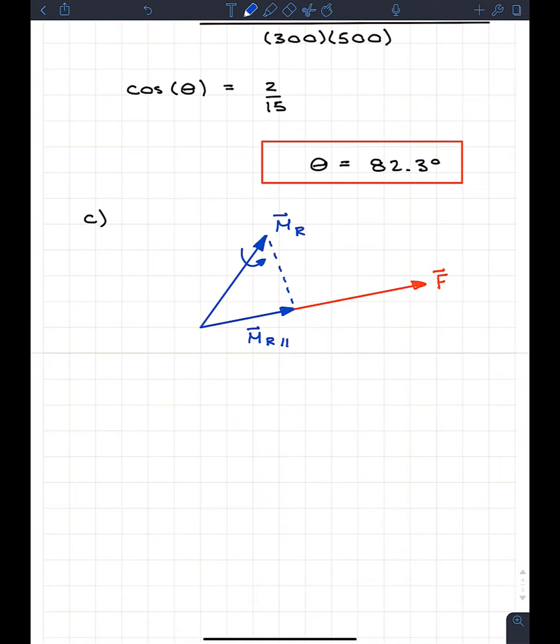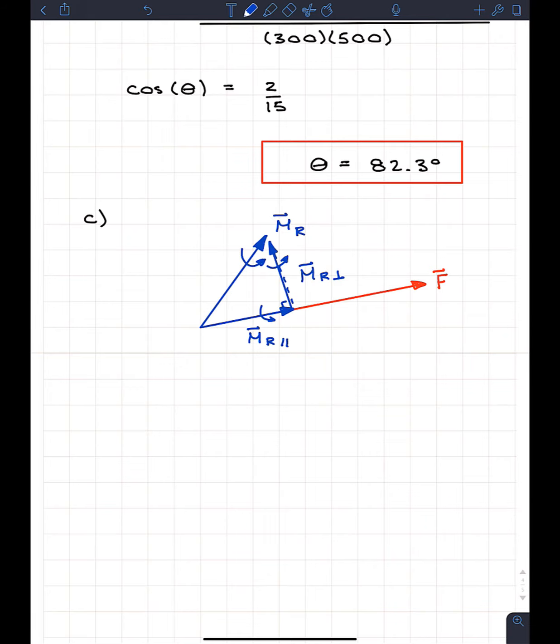And then the perpendicular one is the one that's going to go straight up and across. So if you look at this, it's actually just like finding X and Y components, basically. So MR parallel, and if that's the parallel one, this is going to be MR perpendicular, because this is going to be 90 degrees between the 2. And I should put the little arrows to show that they're moment vectors. So this is all we're really doing right here, is trying to find those 2 components of MR.